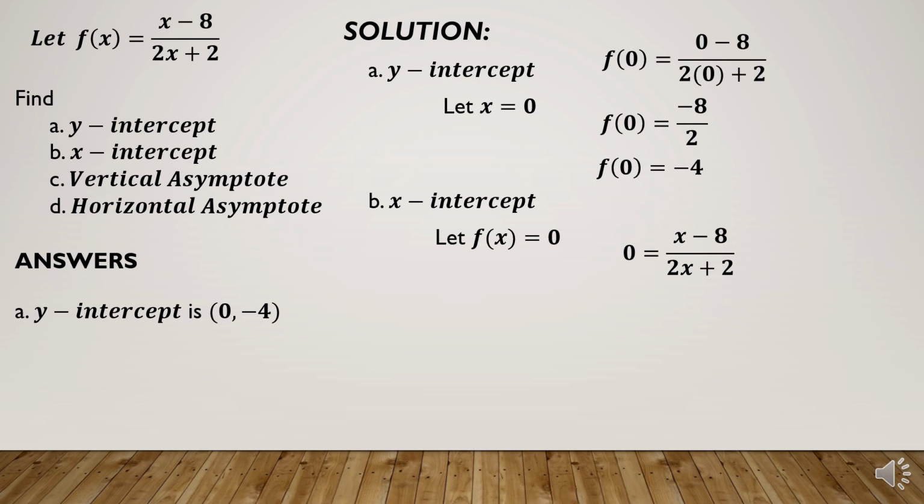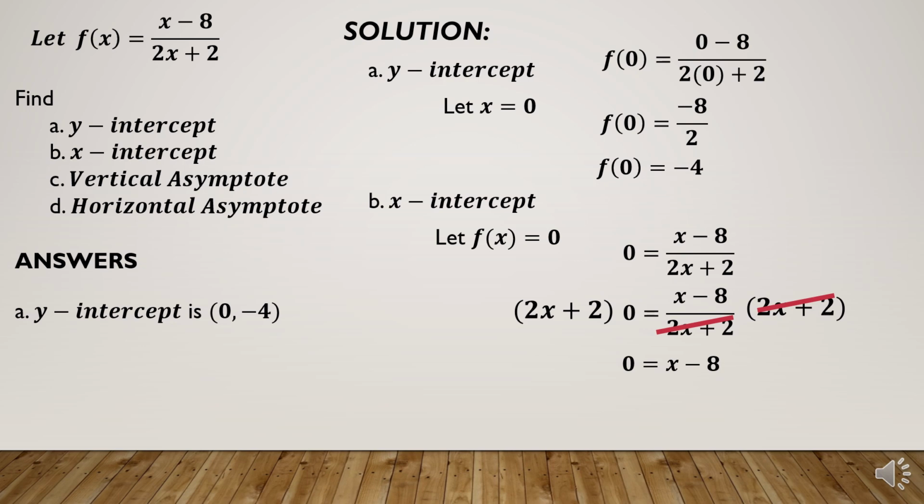Then multiply both sides of our equation by the LCD. And the LCD is 2x plus 2. Then we will now multiply and simplify. So we have 0 is equal to x minus 8.